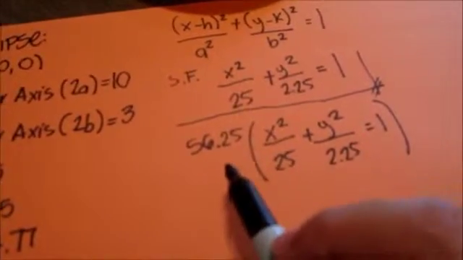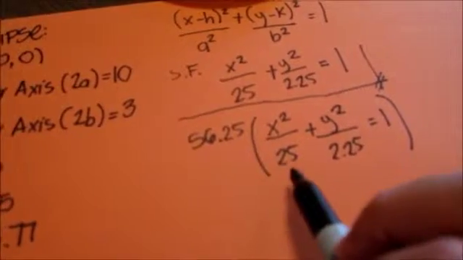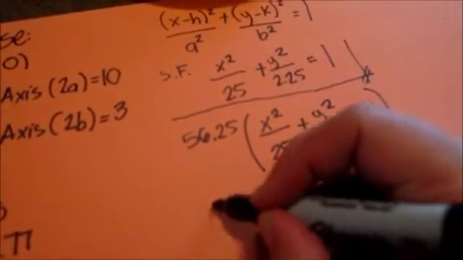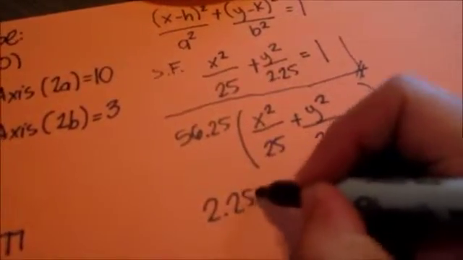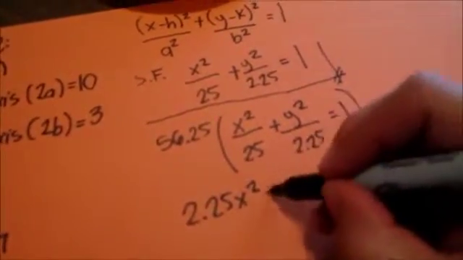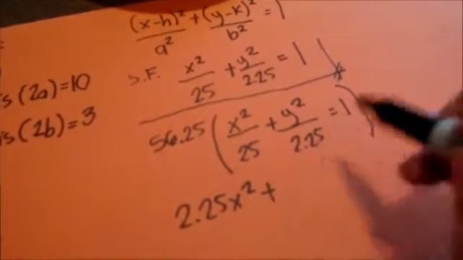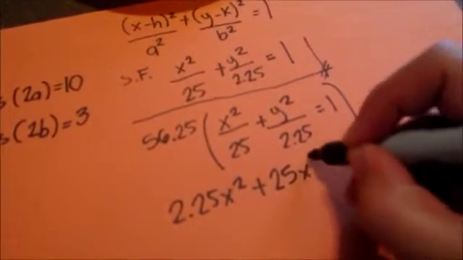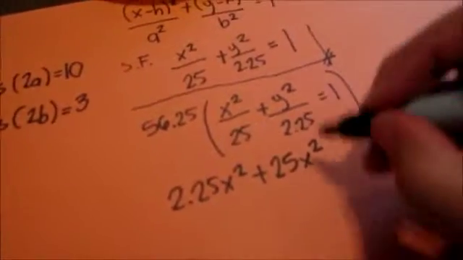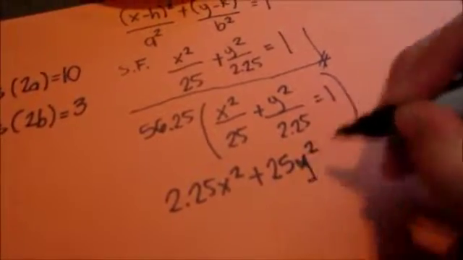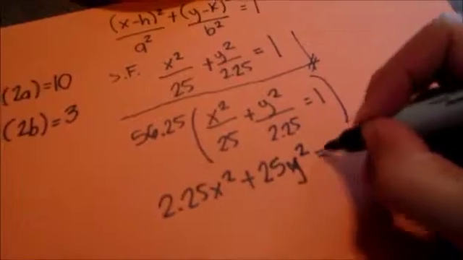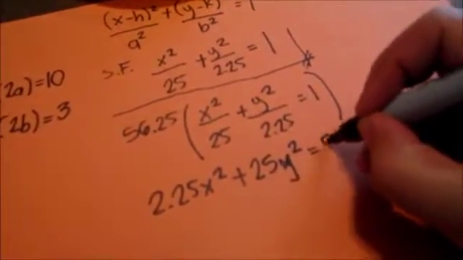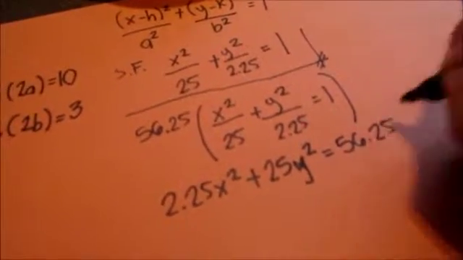If you divide 56.25 by 25 it is going to give you 2.25 x squared, plus 56.25 divided by 2.25 is going to give you 25 y squared, equals 56.25 times 1, which is 56.25.